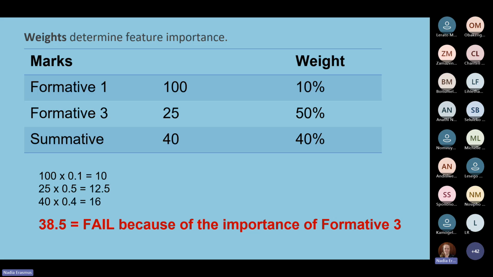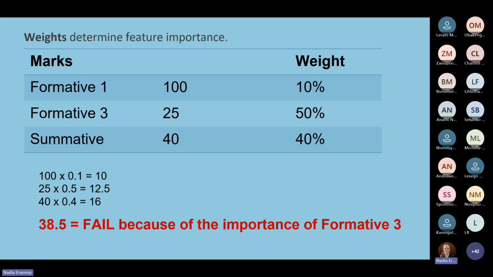And if you add all of these together, you're going to have 38.5%. So you are going to fail your module since this formative 3 is very important, and it counted 50% of your marks, but you did bad.